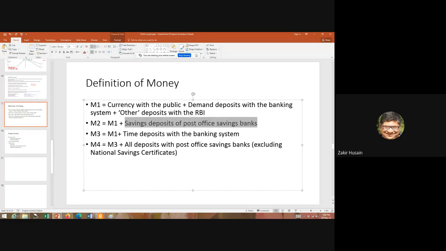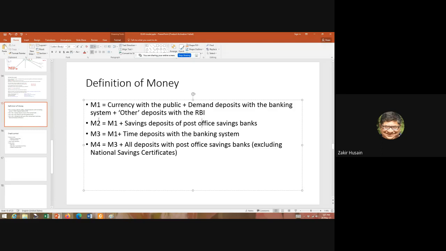In M2, you're also including the savings deposits with the post office. In India, and in many countries, the UK also, post offices are allowed to function as a bank. They can accept savings deposits, open fixed deposits, and so on.